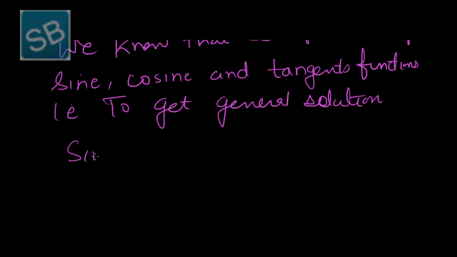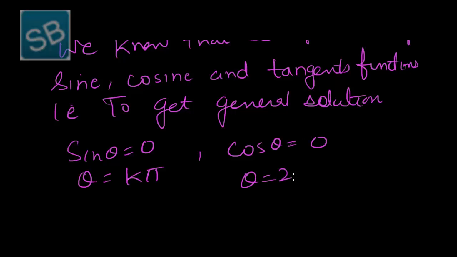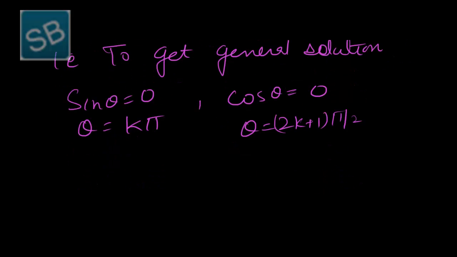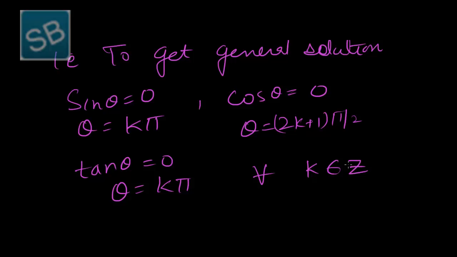If sin theta is equal to 0, theta is equal to k pi, and when cos theta is equal to 0, theta is equal to 2k plus 1 pi by 2, and when tan theta is equal to 0, theta is equal to k pi for all k belongs to Z. These are the general solutions when A is 0.